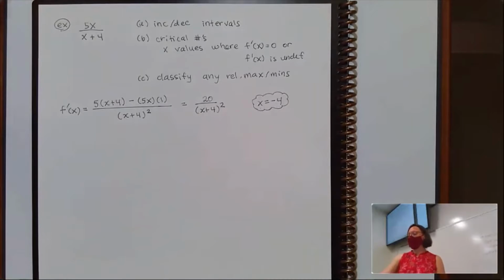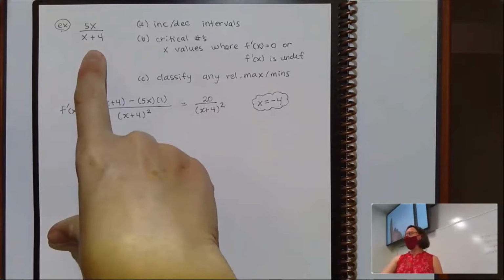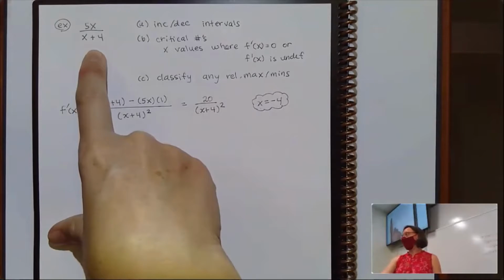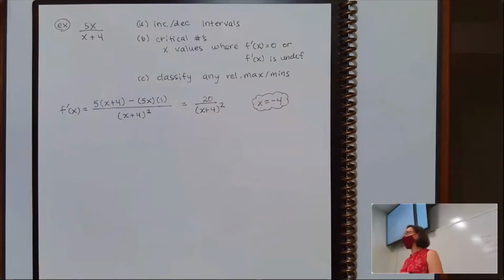By the way, it also makes my function undefined. I already knew there was going to be a vertical asymptote at -4, just using our skills from section 3.6. I think I'm right on that section.